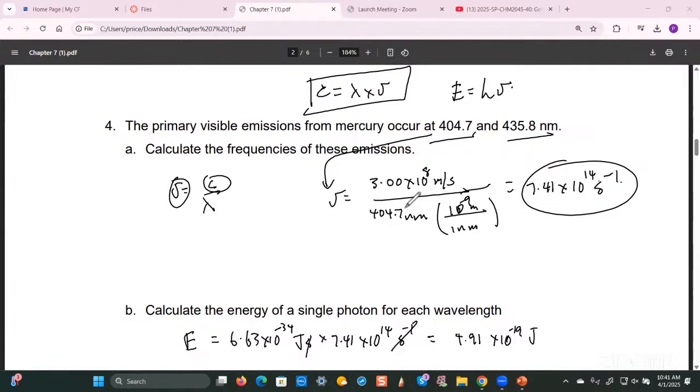The only difference is that you're going to use a different number there. You're going to use the 435.8. Right, exactly. So you're going to use the answer that you got for that one to calculate the energy for that one, right? Okay. Let me clear this.